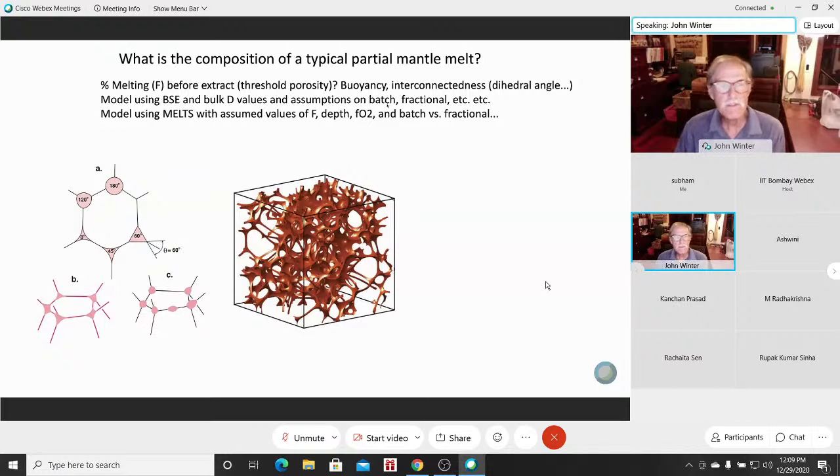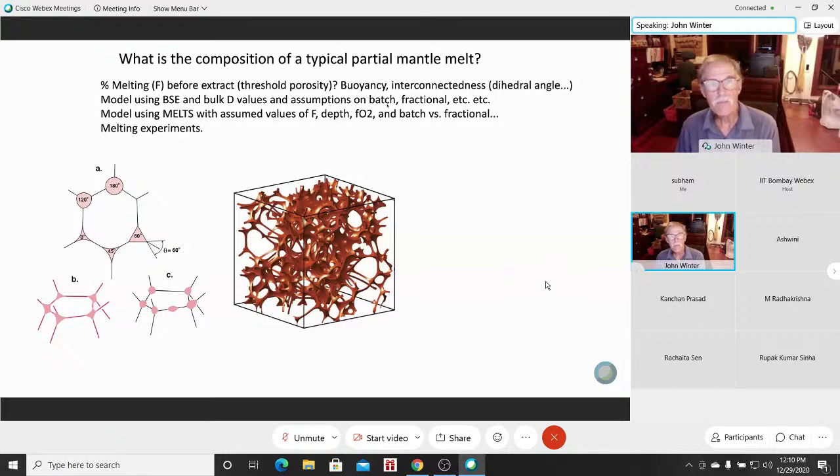You could also use canned melting software like the MELTS program of Mark Ghiorso. And then all you have to do is plug in assumed values of F, the amount of melt produced, depth of melting, oxygen fugacity, whether you want batch or fractional, and see what you get.